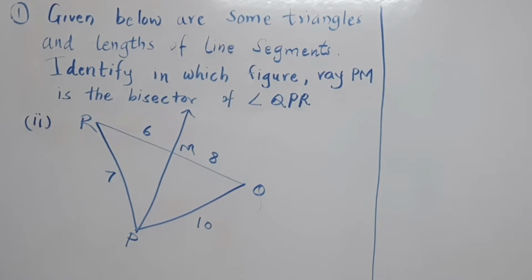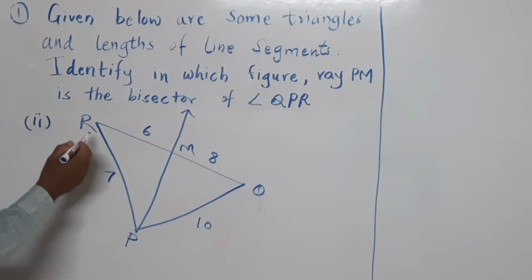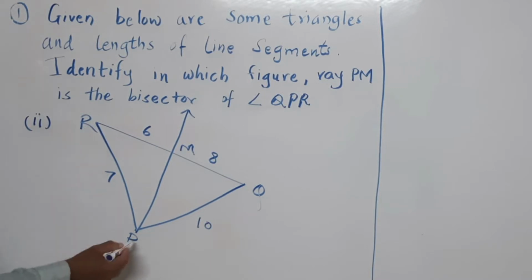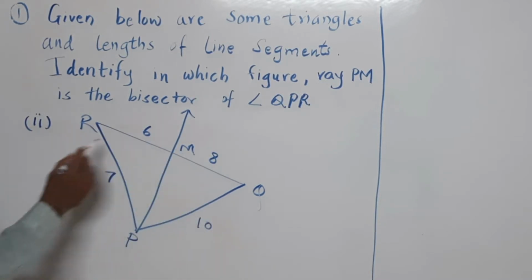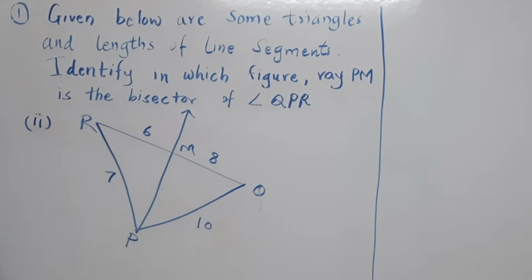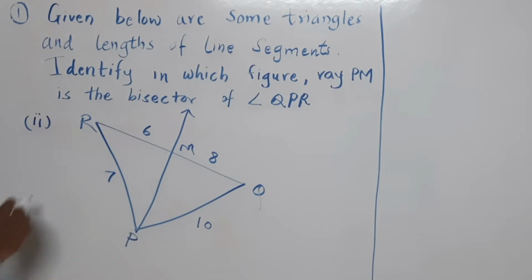Second example. Here in this triangle PQR, PR is 7, PQ is 10, RM is 6 and MQ is 8. You have to prove whether this ray PM is bisector of angle QPR.